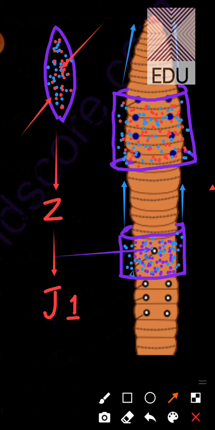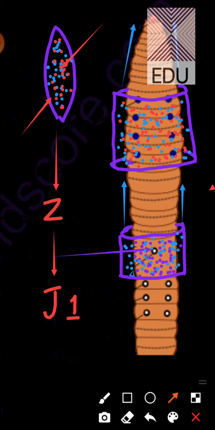Both sides close, and inside it fertilization occurs. So here the fertilization is of external type. The fertilization is not internal, it is external fertilization inside the cocoon. Though it is inside the cocoon, it is outside the body of the earthworm. That's why we call it external fertilization.